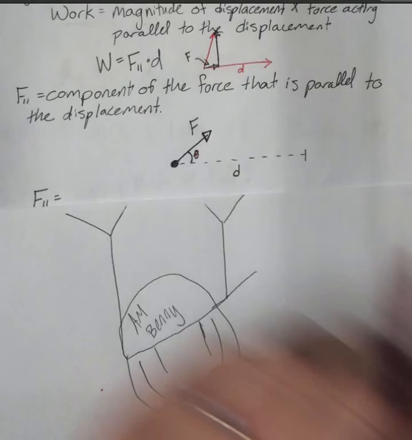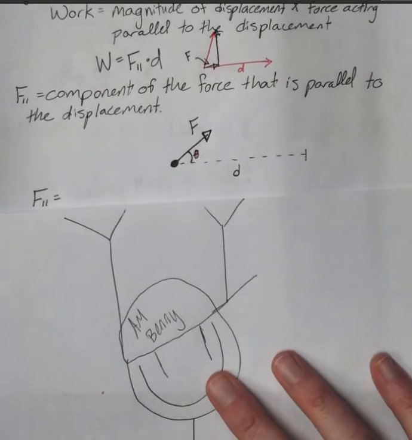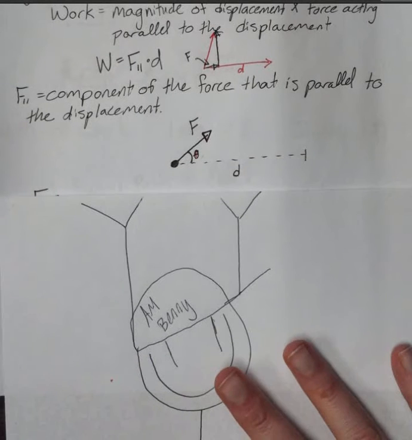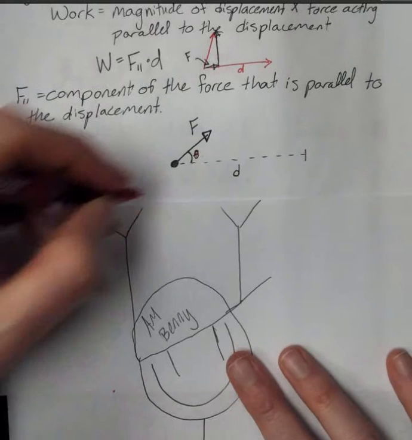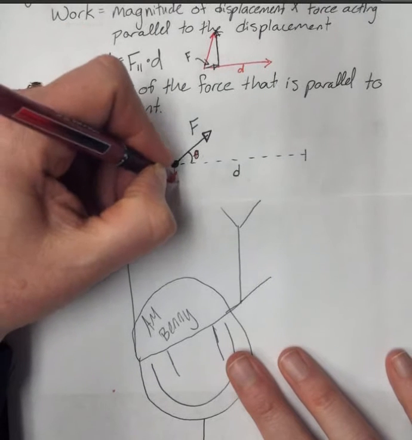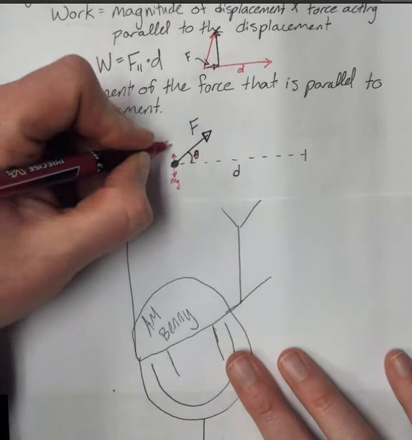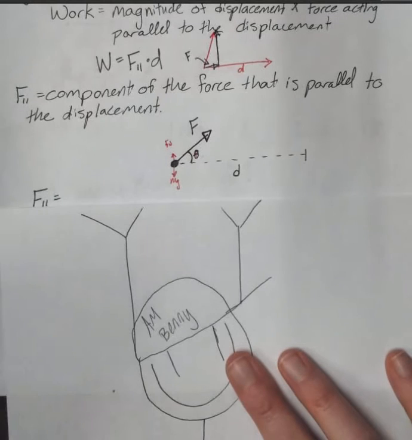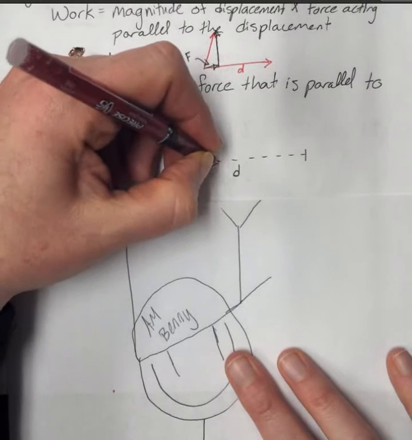And we're going to be looking at what amount of this force is in the same direction as the displacement that the cow is going, because you're not accelerating the cow upward into the air. If we were going to look at this, we would also have the mg of the cow and the fn of the cow, and we could do our x and y components. But you can see that the only force acting in the x direction, the force of you, that component is in the x direction.